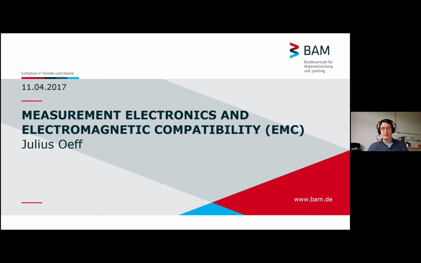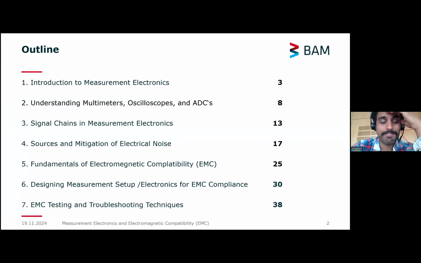So it's a time-based measurement system, and you want to have accurate measurements and signals you want to analyze. Yes, it's time-based. Okay.